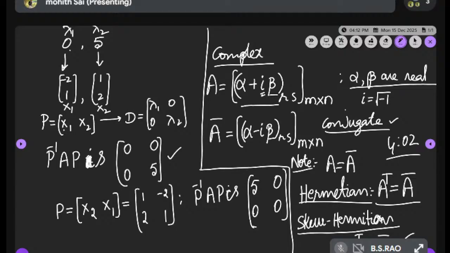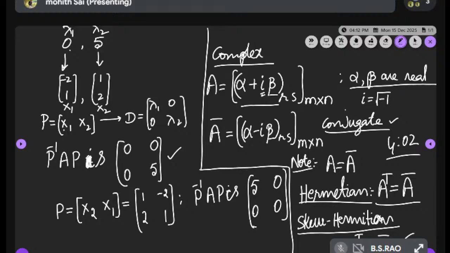What are the eigenvalues of a skew Hermitian matrix? The principal diagonal elements of a skew symmetric matrix are always zeros.